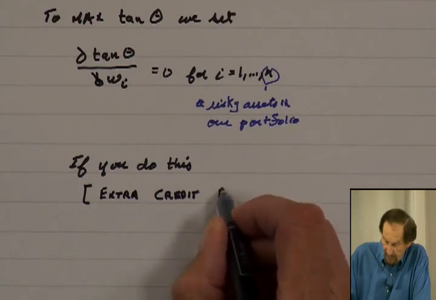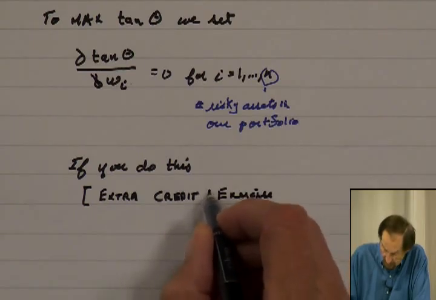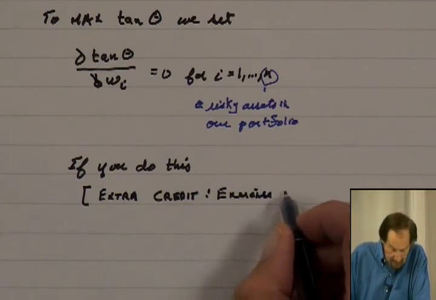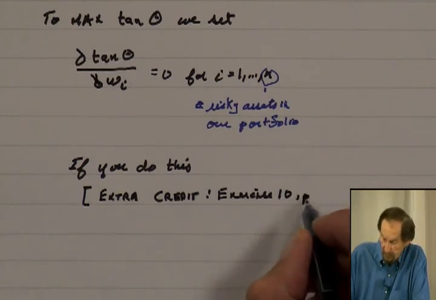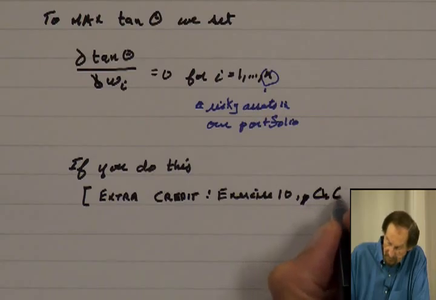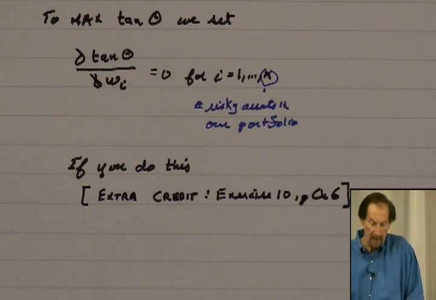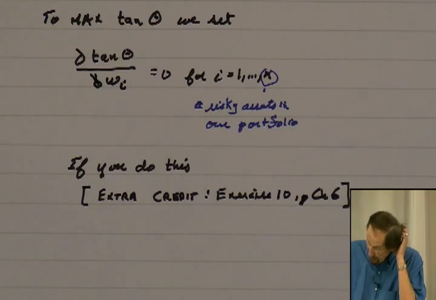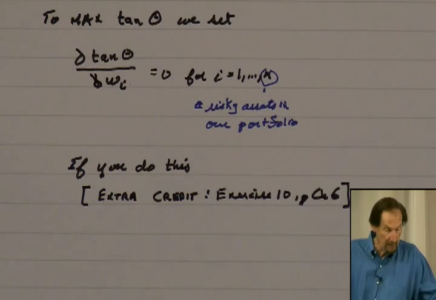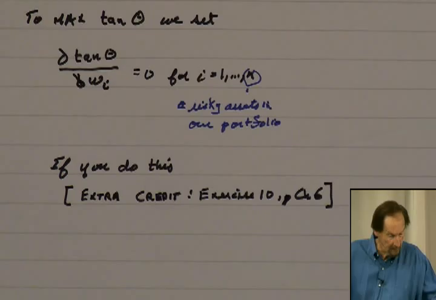Let's say exercise 10, page 142, or just say chapter 6. And that extra credit, we could have it due a week from today with the other stuff here. This is not so easy. If you like algebraic gymnastics, then maybe you'd like to do that.